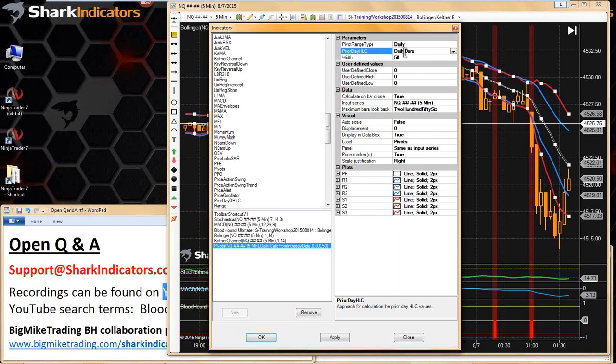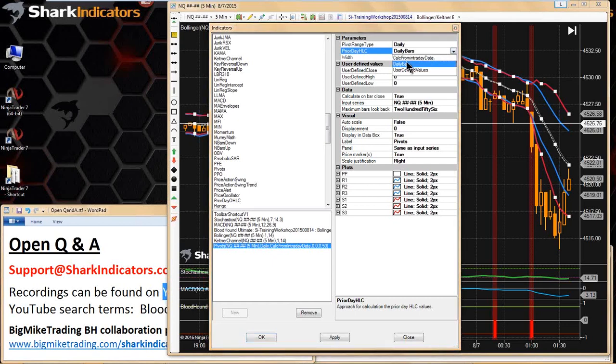There's an internal oversight with Ninja's data feed engine. What that means is that you can't use the daily bar setting when using the pivots indicator, or any other indicator that might have a daily bars setting, inside of BloodHound or inside of a strategy.